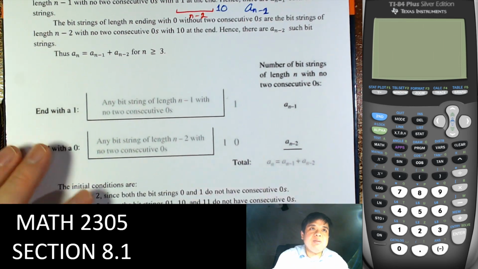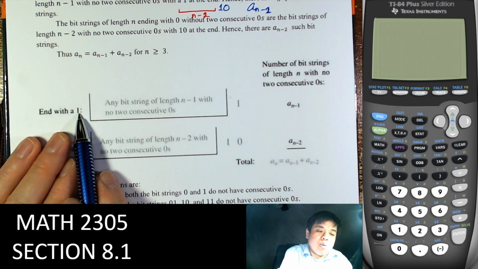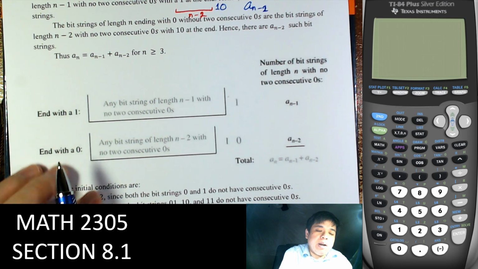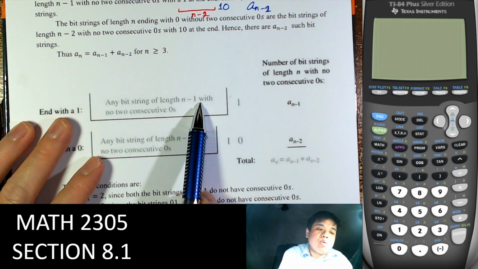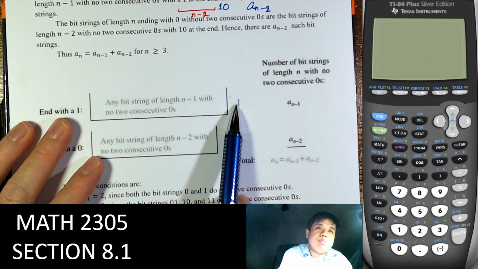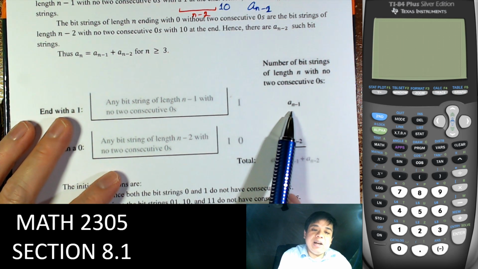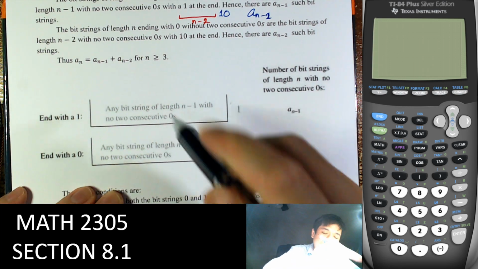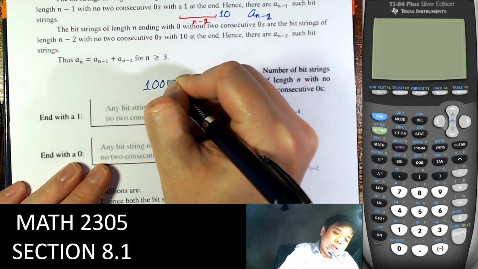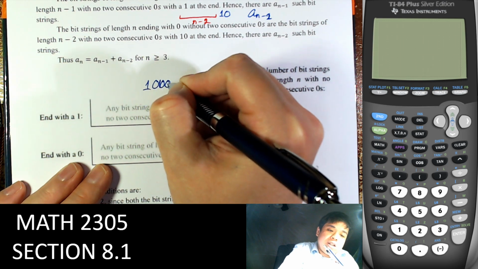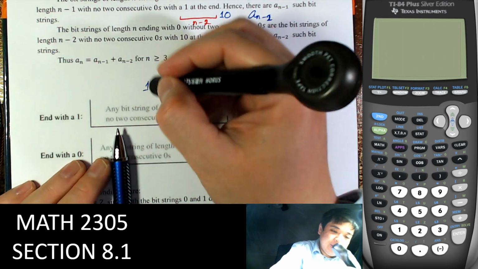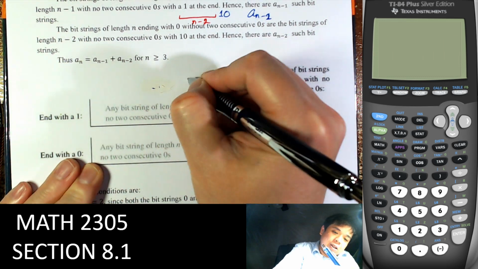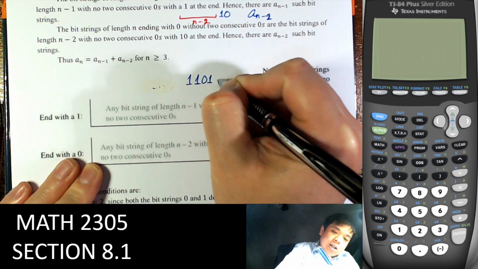Right, here's if the string ends with 1. Okay, now any bit string of n minus 1 with no 2 consecutive 0s, we just put 1 after it. There will be a sub n minus 1 of those strings, because it doesn't matter what the n minus 1 string is. For example, if we have the string 1 0 1, no 2 consecutive 0s, right? Or 1 1 0 1 0.